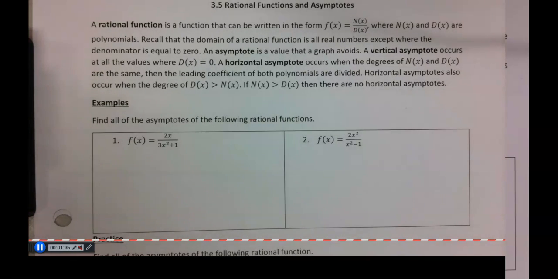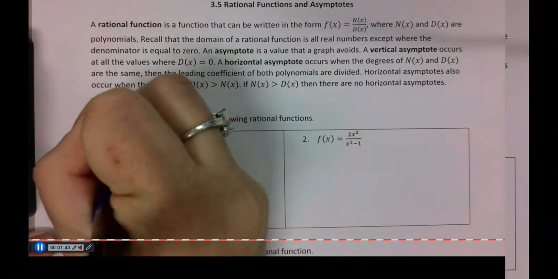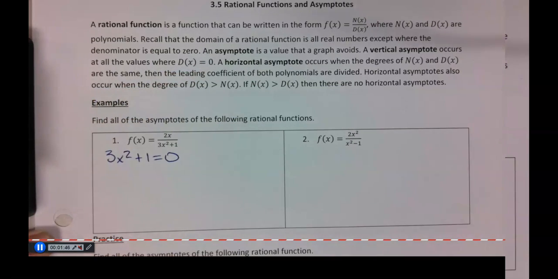So, numbers 1 and 2 want us to find the asymptotes of the following rational functions. The first thing I'm going to do is take the denominator and set it equal to 0. And then I want to solve for x.